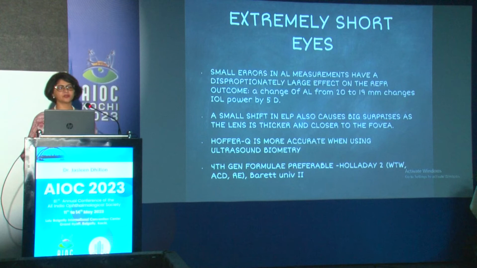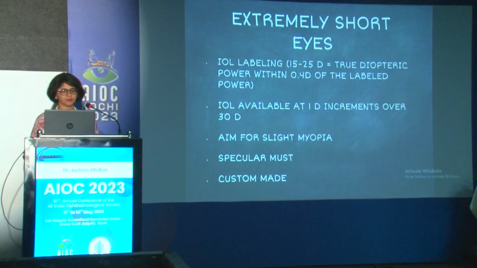So really repeat your measurements, use the optical biometer, and the fourth generation formulae like the Barrett Universal 2. Hoffer Q is more accurate if you're using the ultrasound biometer. Again, I talked about the IOL labeling. If there is a slight error, that is going to be more magnified in these extreme eyes.